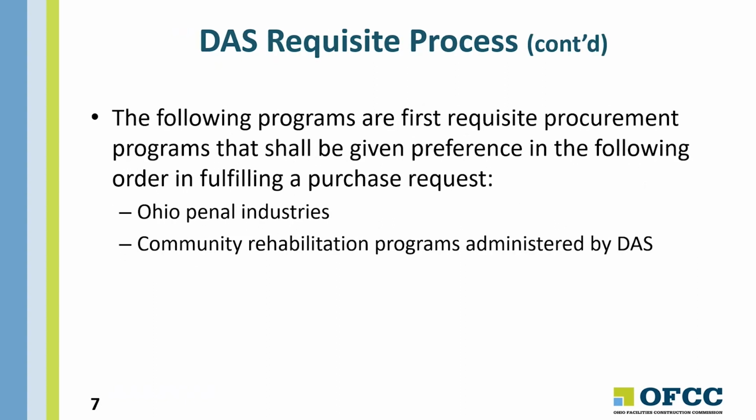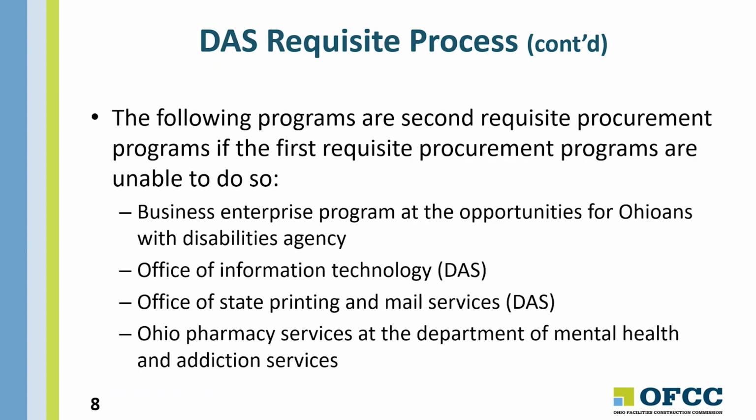And I mentioned Ohio Penal Industries and community rehabilitation programs are first requisite procurement programs. And then second requisite procurement programs are things like the Business Enterprise Program at the Opportunities for Ohioans with Disabilities Agency, Office of Information Technology through DAS, Office of State Printing and Mail Services at DAS, and the Pharmacy Services at the Department of Mental Health and Addiction Services.